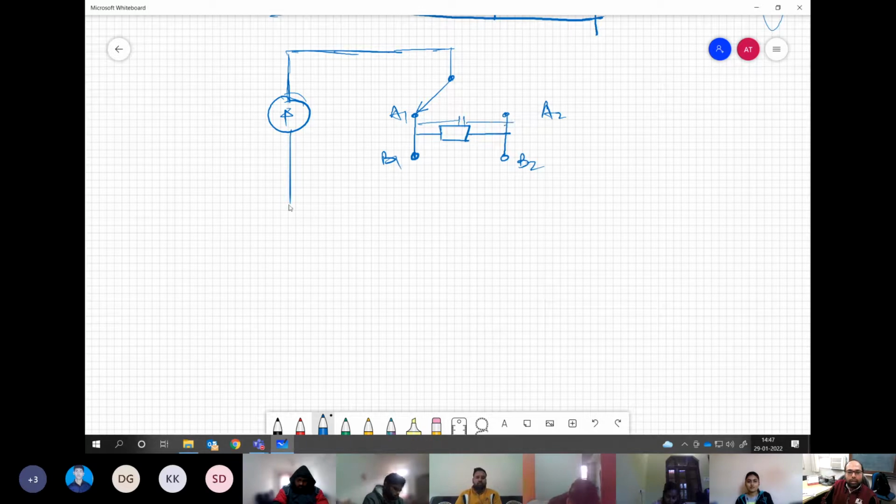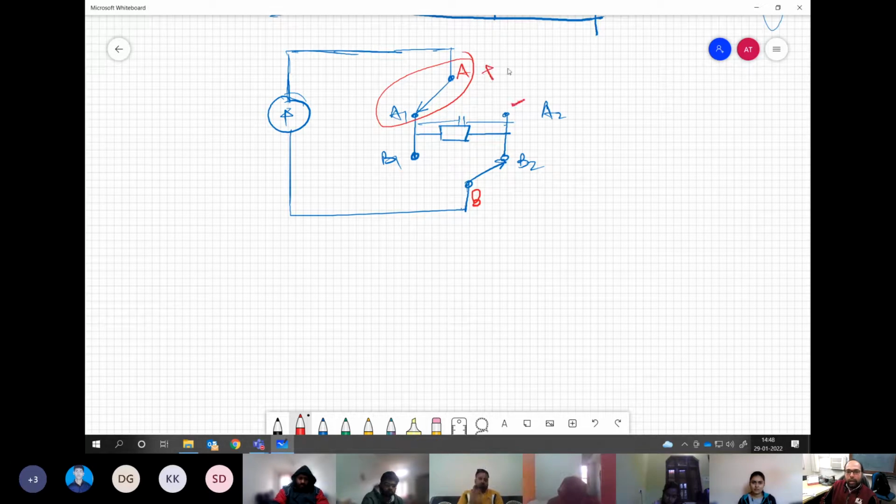And say capacitor is connected here. So something like this. Now individually, if you see this pole A and B, so when A is connected to A1, between A and A2, we may need to block either positive voltage or negative voltage.